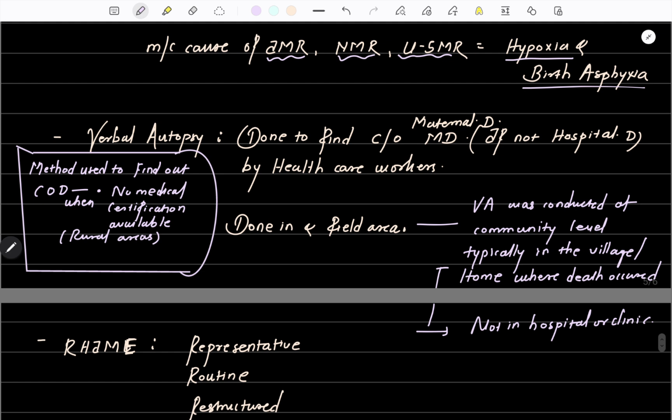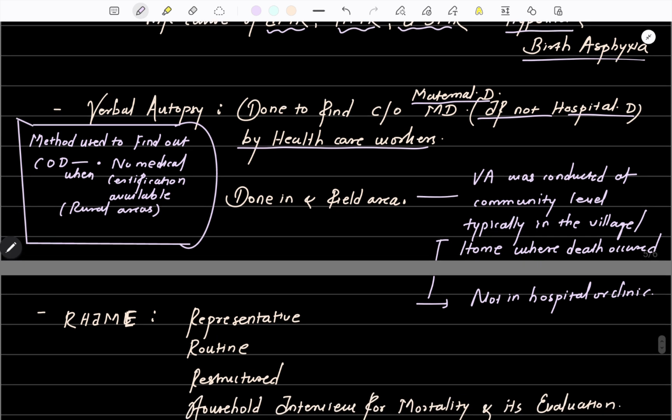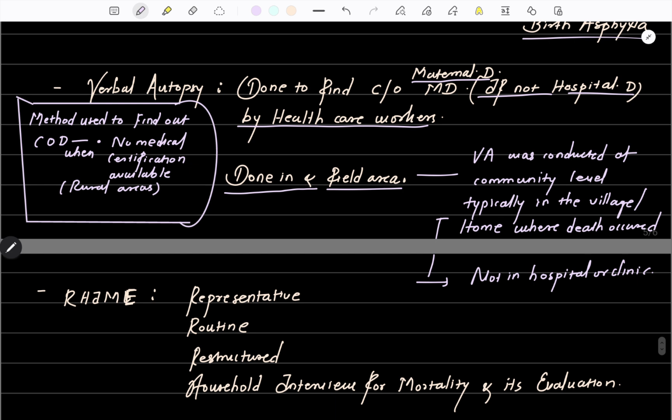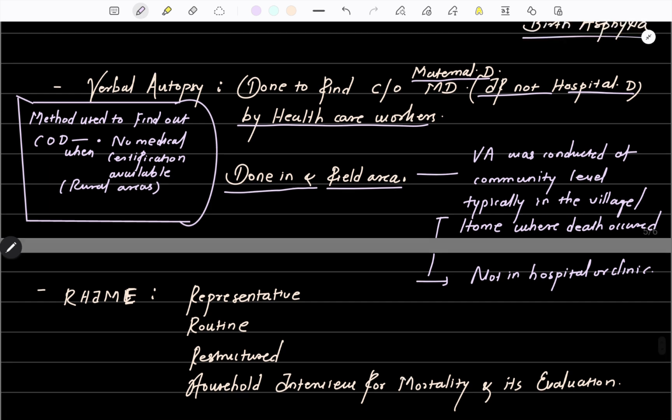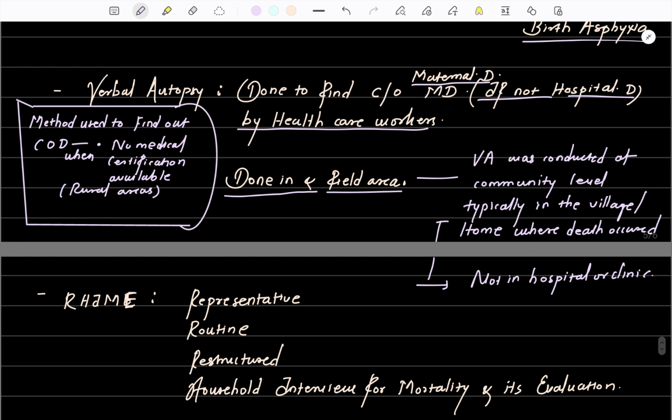Then verbal autopsy, it is done to find out the cause of maternal deaths, if not a hospital death, by healthcare workers, in the field area. Actually, verbal autopsy is conducted at community level, typically in the village and home where death occurs, not in a hospital or clinic, to know the actual cause of maternal death.